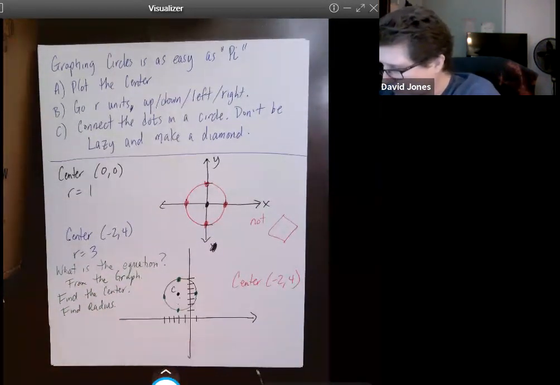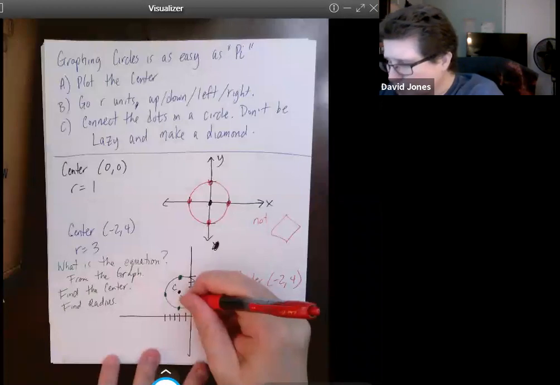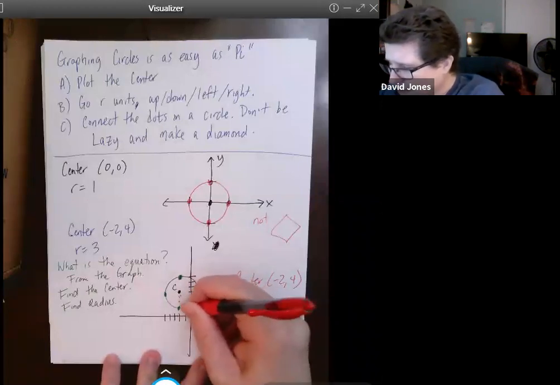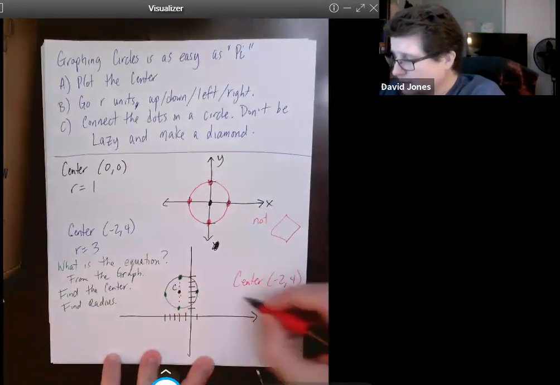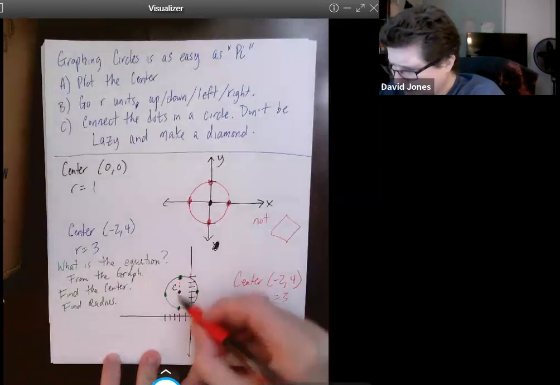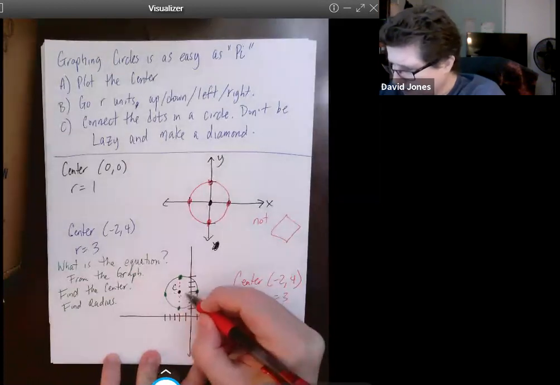And if I just count, to make sure it's a circle, counting up and down, it goes up, down 3. And left, right is 3 as well.